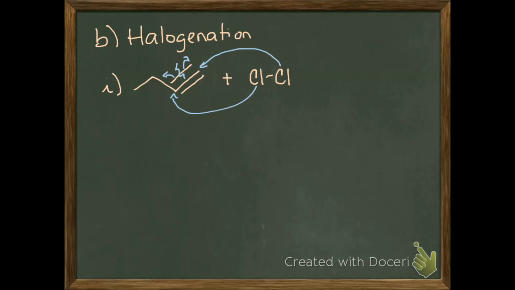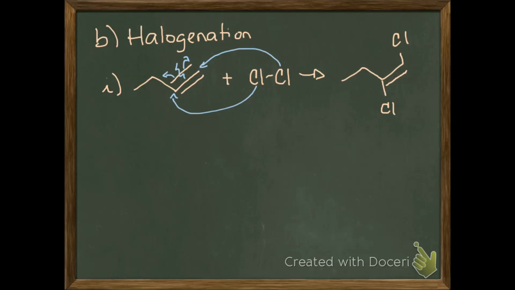And what we will have as a result is an alkene with 2 chlorines. 1 chlorine will go here, and the other chlorine will go here.